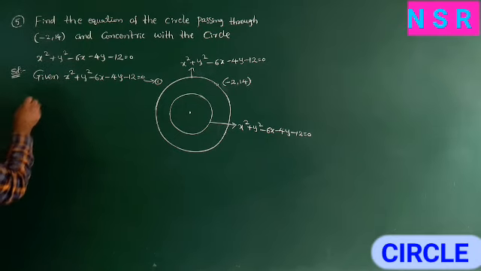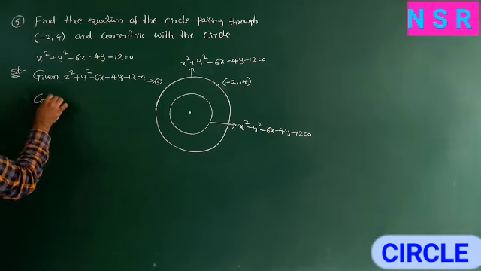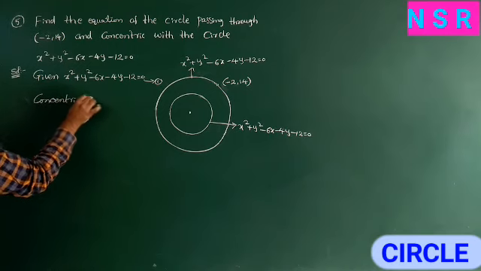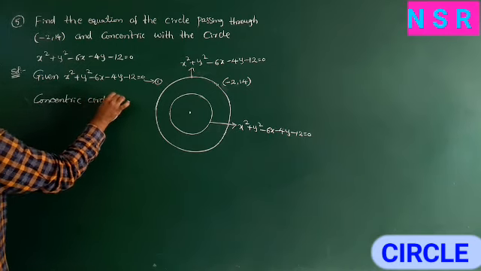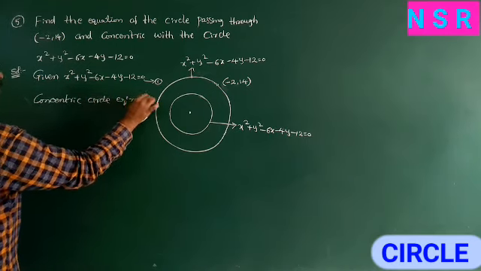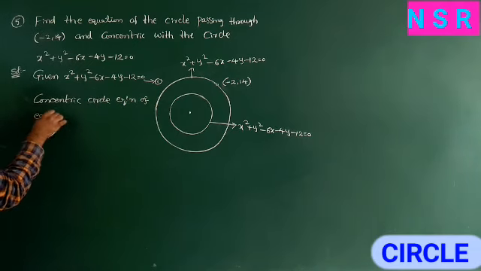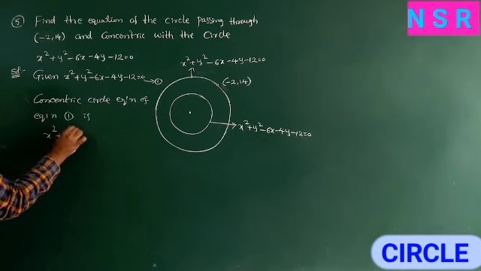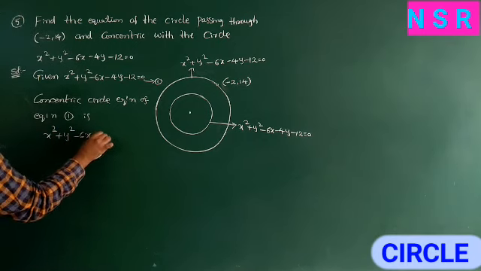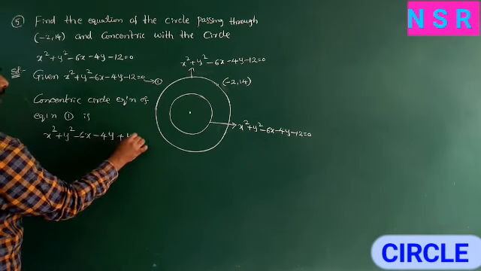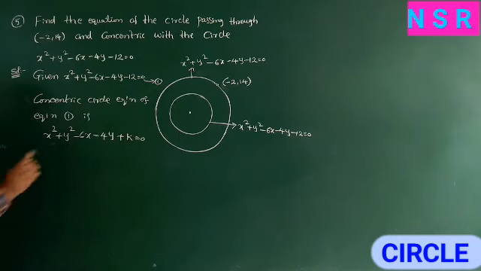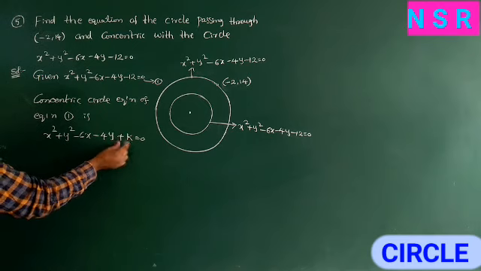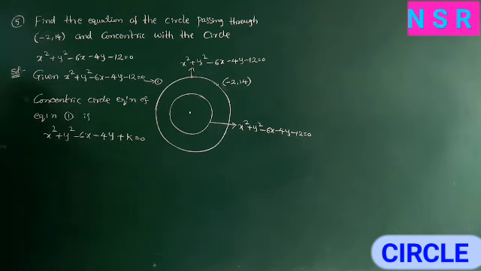So write the concentric circle equation of equation 1: x square plus y square minus 6x minus 4y plus k equal to 0. Here the constant value is minus 12 or plus 12, just consider plus k equal to 0.